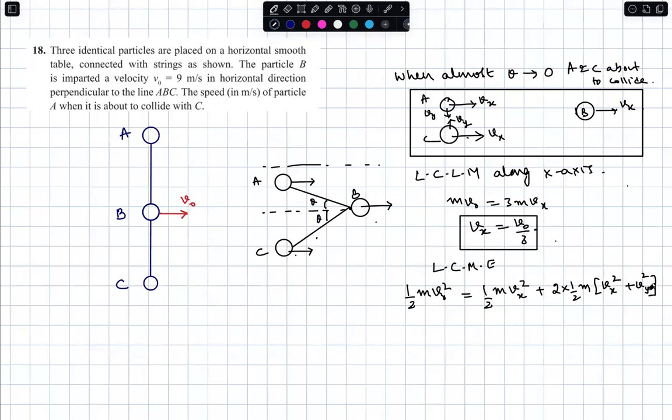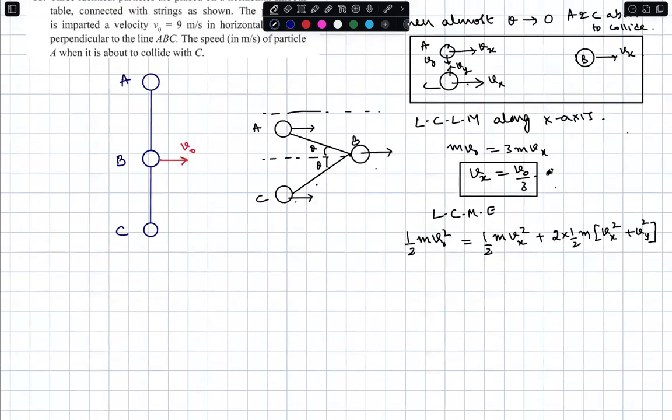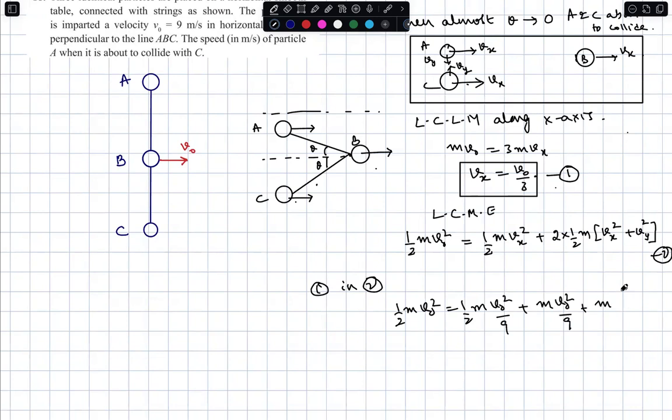You already have the data from equation 1, and let this be equation 2. So using 1 in 2, you get half mv0 square is half mv0 square by 9 plus mv0 square by 9 plus mvy square.